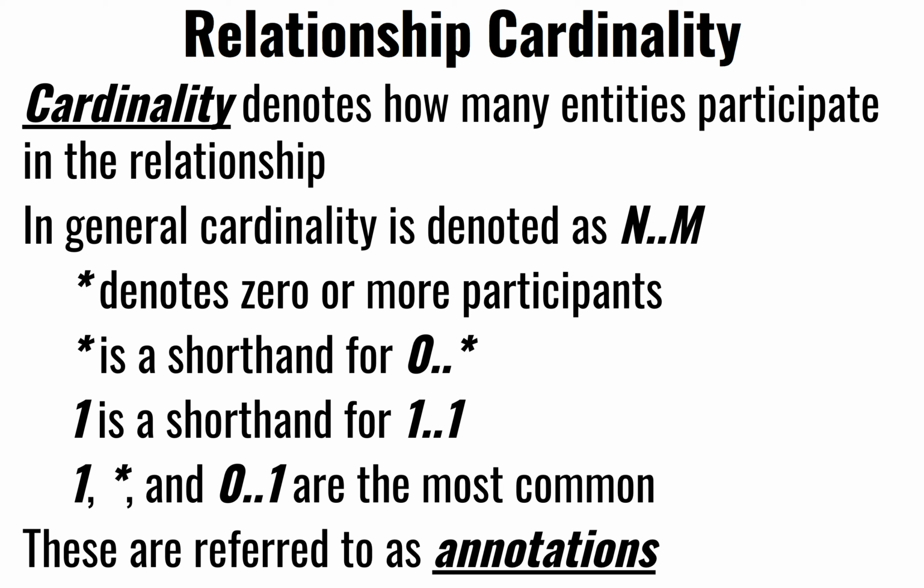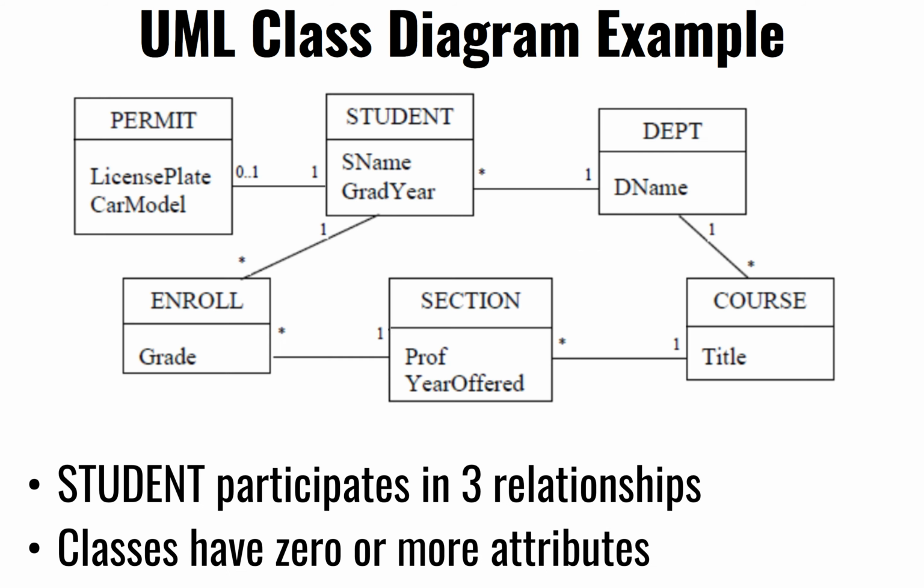So the more common ones are star, which denotes 0 or more and is shorthand for 0 dot dot star, and 1, which is shorthand for 1 dot dot 1. 1, star, and 0 dot dot 1 are the most common ones, and we refer to them as annotations. We annotate the ends. So here the way it's read is that there's one section.